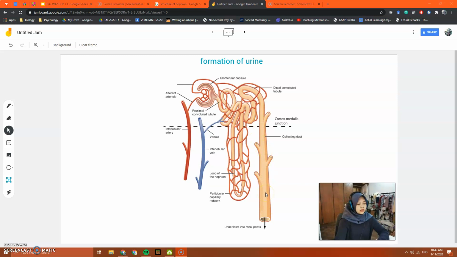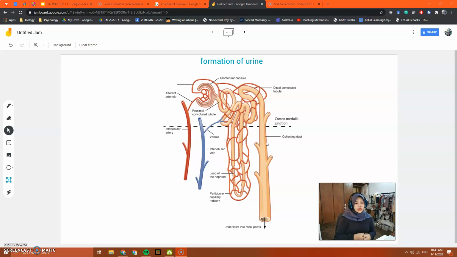and the collecting duct is also where your body can regulate the amount of water and salts that you have in your body. So if you remember the process of water regulation, if you have less water inside your body, then the collecting duct is going to be less permeable to water, so that it will retain more water inside your body, because you don't have much water inside your body, right?